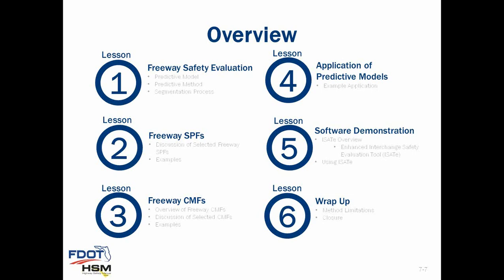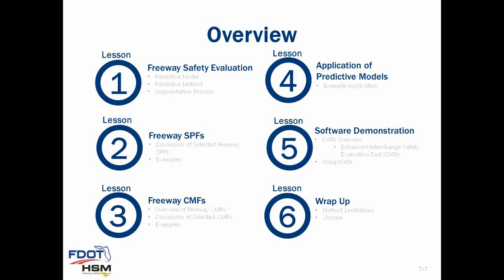In the fourth lesson, I'll show you how the method is used to evaluate a freeway segment. In Lesson 5, I will demonstrate the use of spreadsheet software to automate the freeway segment evaluation process. Finally, I'm going to wrap up the presentation and take some of your questions in Lesson 6.